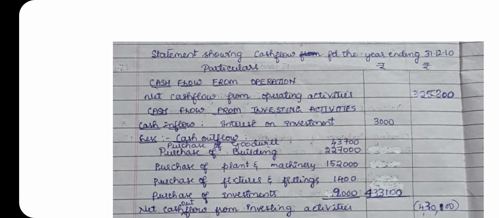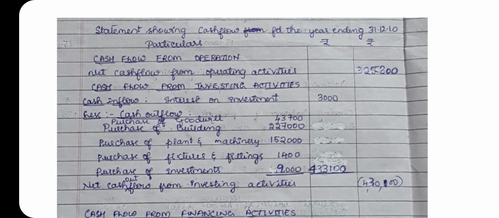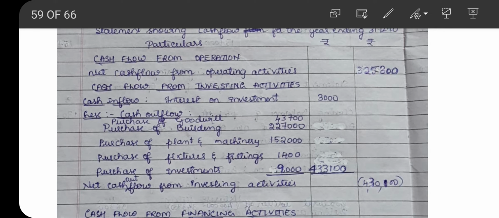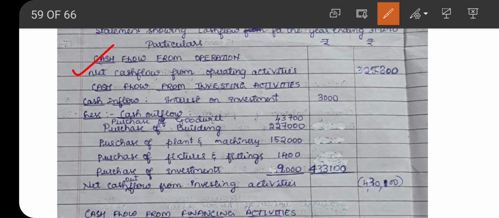Now we are preparing cash flow statement for the year ending 31/12/2010. So first item or first heading in the preparation of cash flow statement is cash flow from operation.